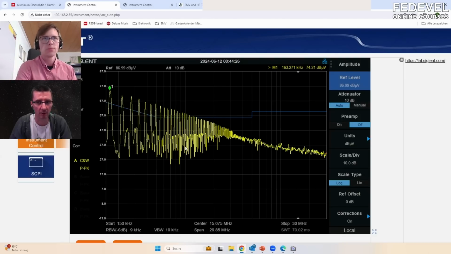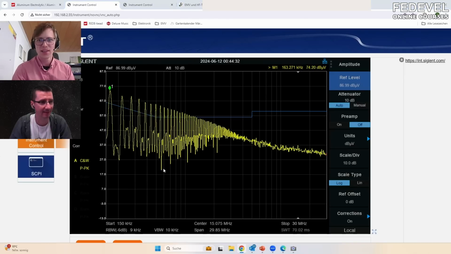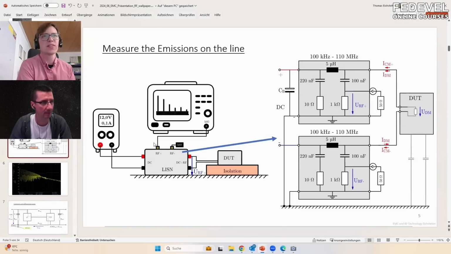Right now we are measuring the common or differential? Both. Because at the moment we have this measurement setup, and we are measuring common and differential mode because we are measuring the plus line.